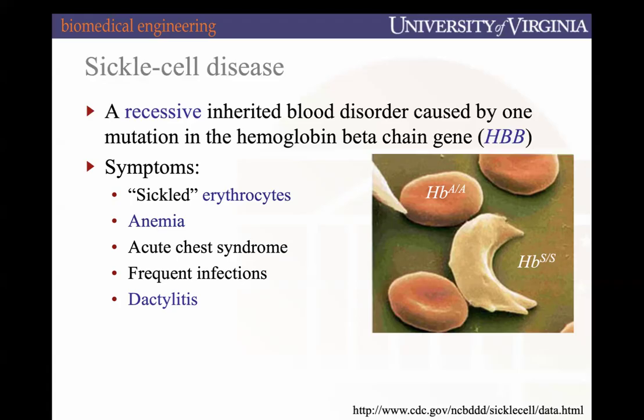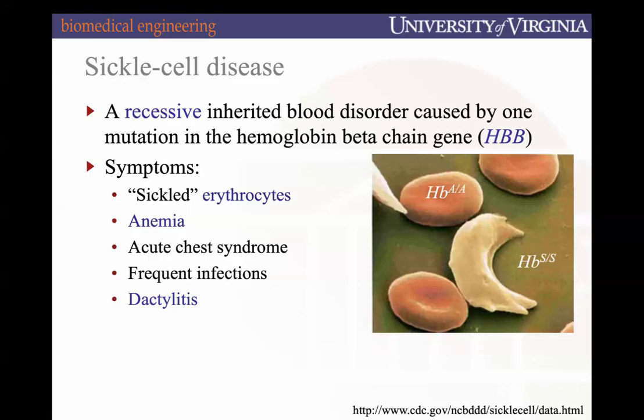As these red blood cells stack on top of each other, they can cause red blood cells to lyse, or burst open. And so anemia is the loss of red blood cells. There's also sometimes a lot of pain associated with sickle cell disease. There's acute chest syndrome, with a lot of chest pain associated with it.